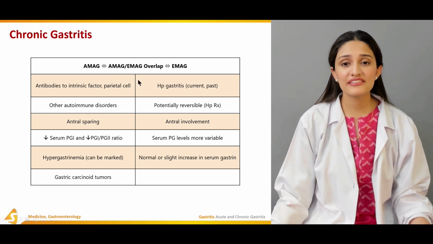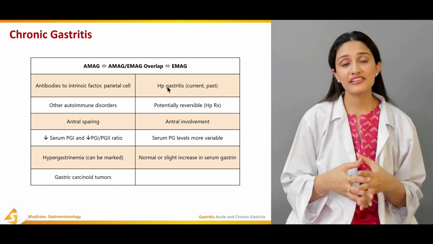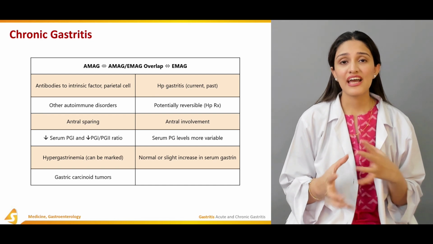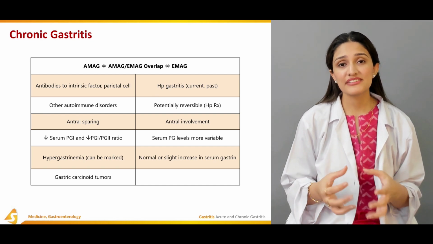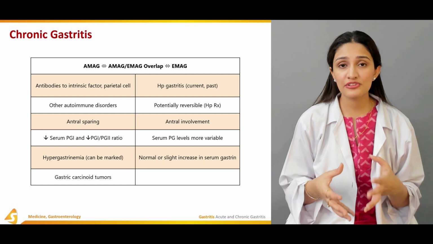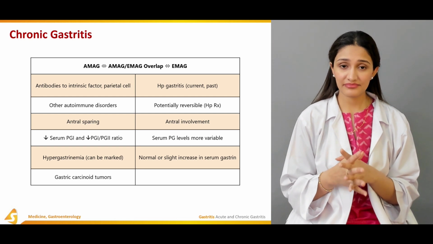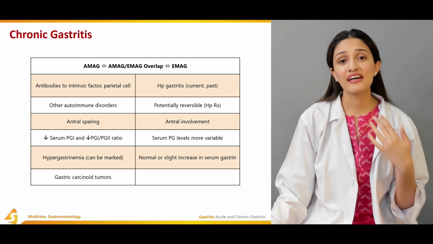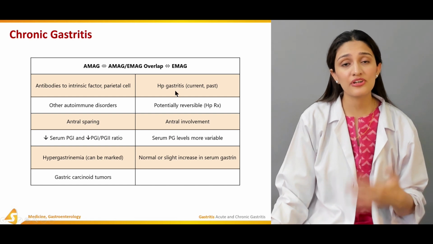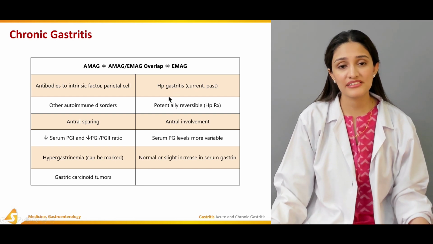The environmental atrophic gastritis has a pathogenesis related to Helicobacter pylori infection, whether the infection is active and current or whether the infection was in the past.